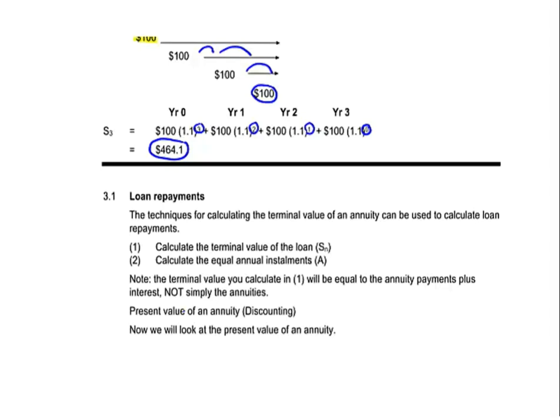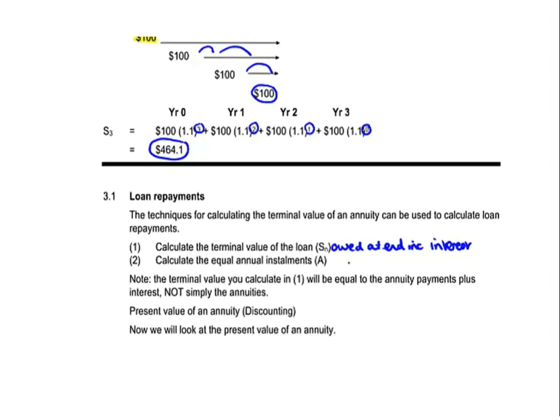So what you have to do then is to work out the terminal value of the loan, so the amount that you'll owe at the end, including interest. And then you can work out the instalments, which are the annuity or the repayments. And this terminal value, as I've said, is the amount that you owe in terms of the money you borrowed plus the interest.